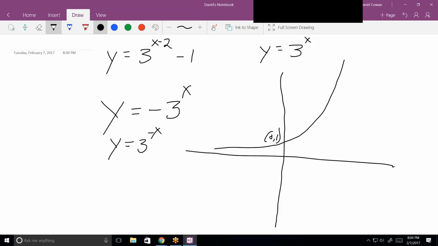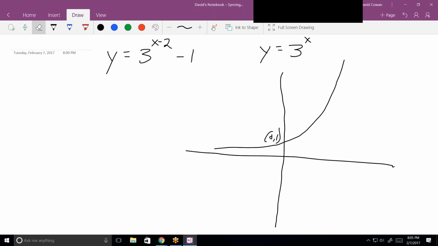That makes it a horizontal reflection, or over the y-axis. A good way to remember transformations is there's 3 verticals and 3 horizontals. All the verticals come outside the function. All the horizontals come inside the function.